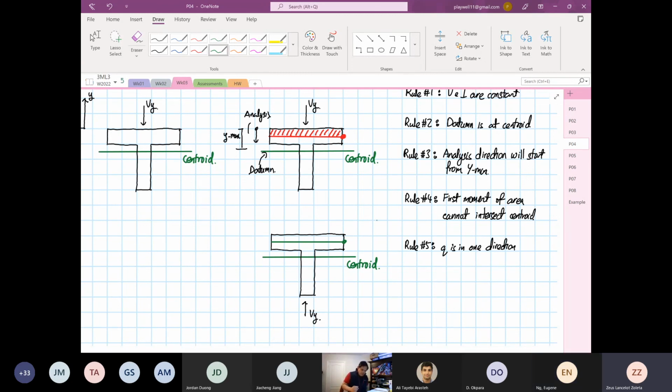Do you still consider this area, or this area?